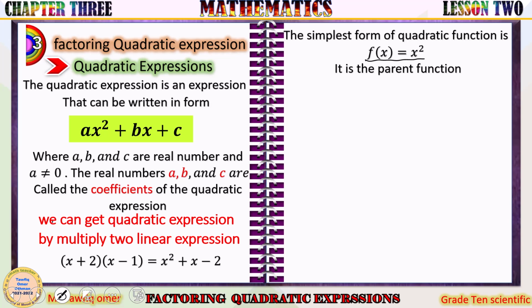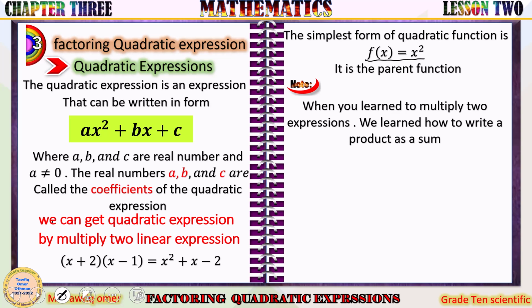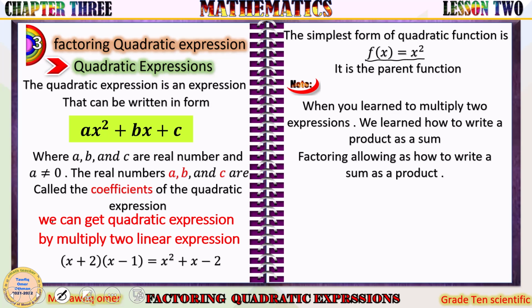Note that when we learned to multiply two expressions, we learned how to write the product as a sum. That means we have a product and we're changing it to a sum. And factoring allows us to write a sum as a product.